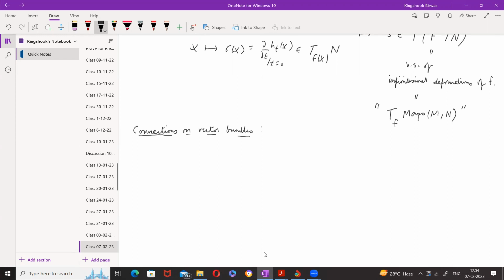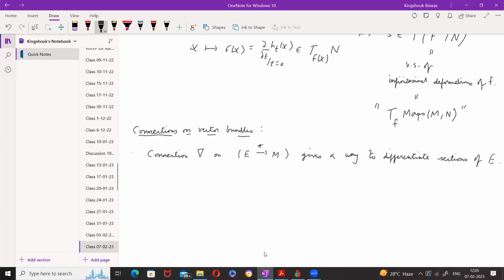Informally, a connection, denoted nabla, on a vector bundle E over M is supposed to give us a way to differentiate sections of E.